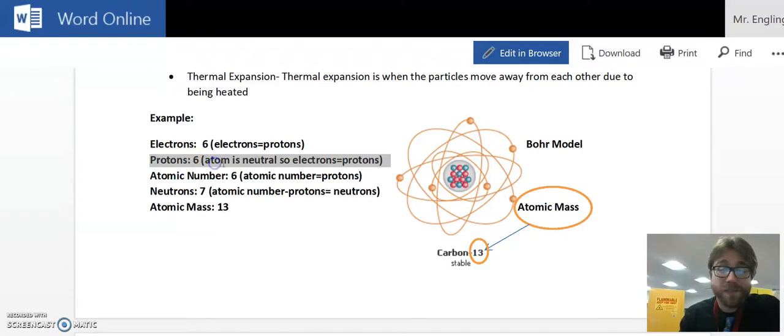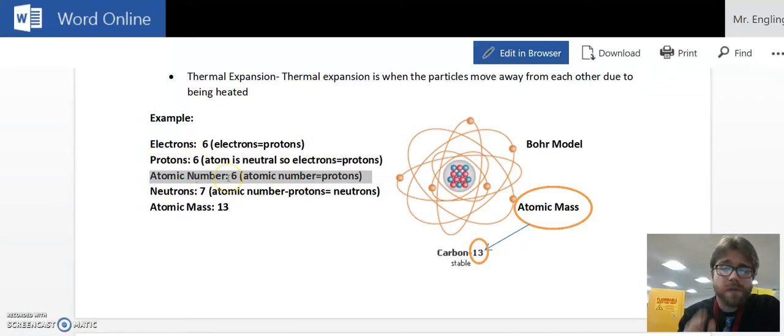Since this atom is neutral, electrons are equal to protons. Since there's 6 electrons, there must be 6 protons. That's why we have 6.